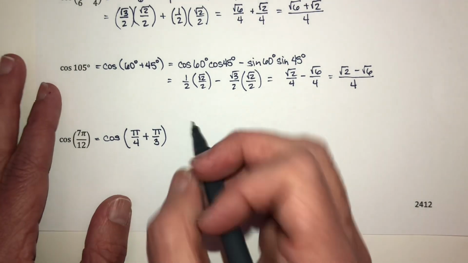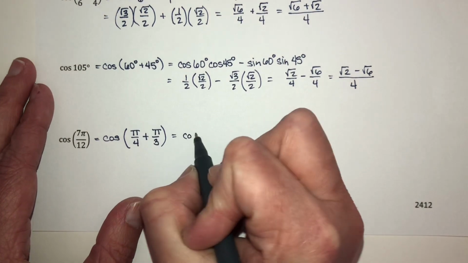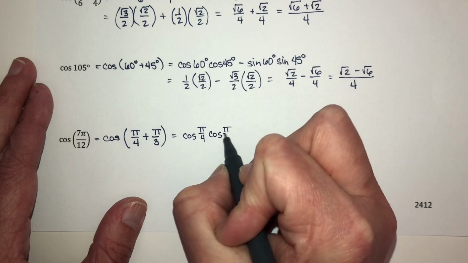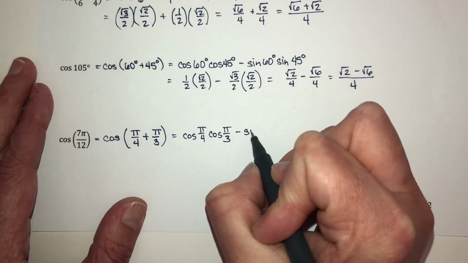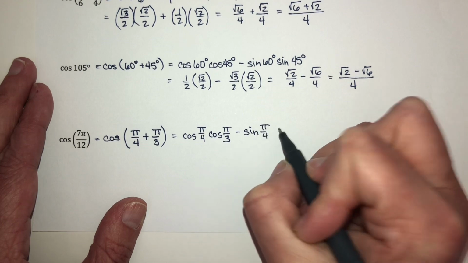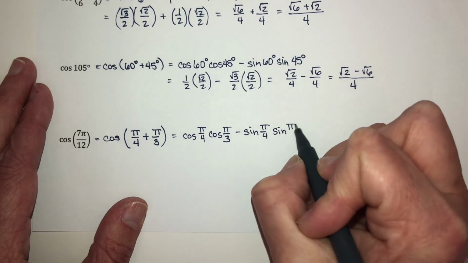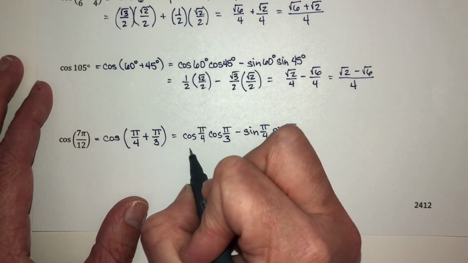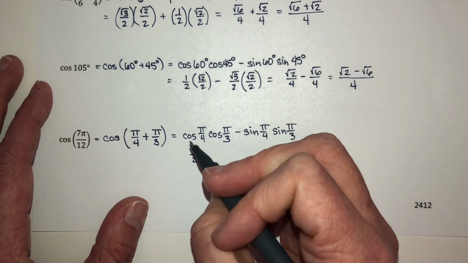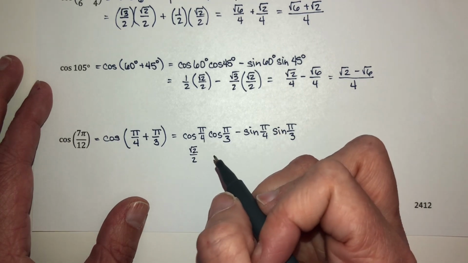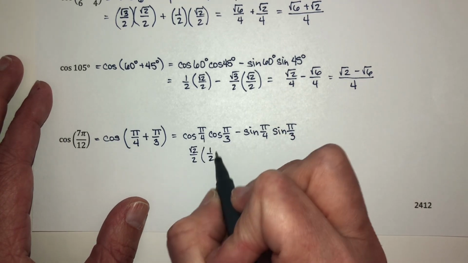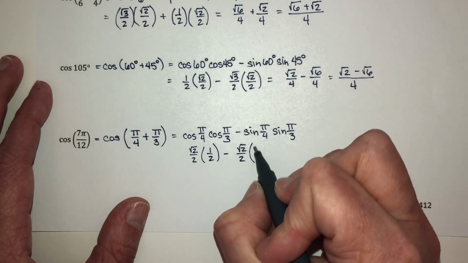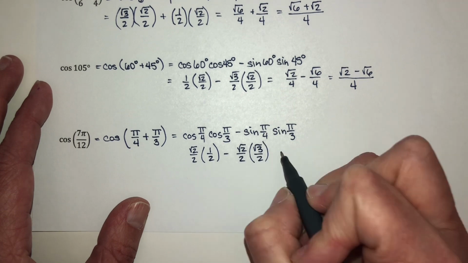I now apply the addition formula to get cosine of pi over 4 times cosine of pi over 3 minus sine of pi over 4 sine of pi over 3. Cosine of pi over 4 is square root 2 over 2. Cosine pi over 3 is 1/2, minus square root 2 over 2 times square root 3 over 2.